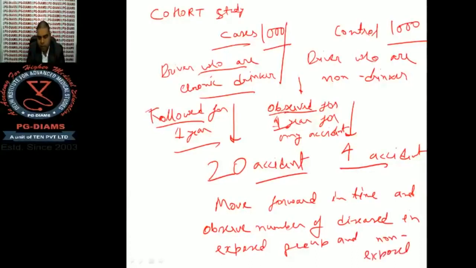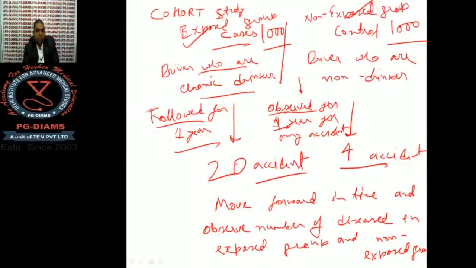See, this is the non-exposed group because they are not drinking, and this is the exposed group because they are drinking. So cases is also known as the exposed group, and control is also known as the non-exposed group. So in a cohort study we move forward in time, we follow up patients, we move from exposure to disease.